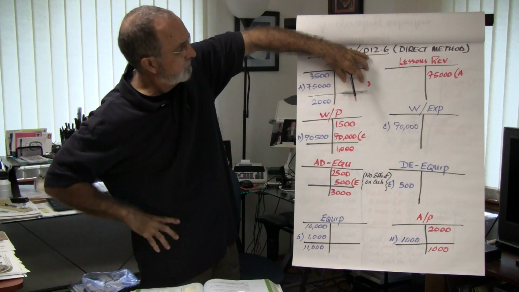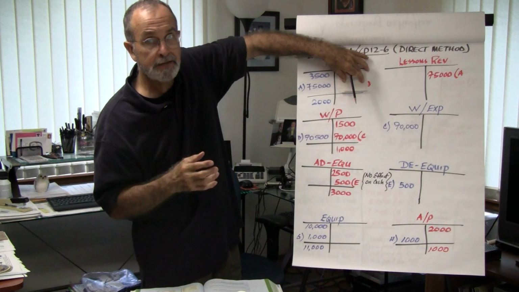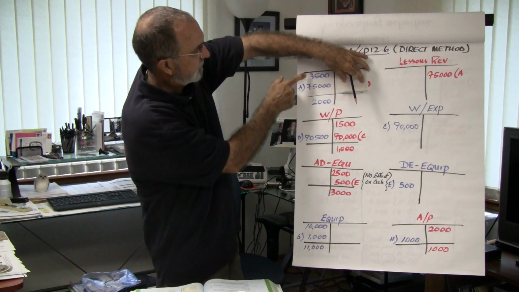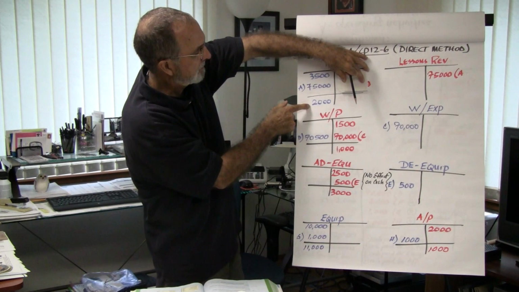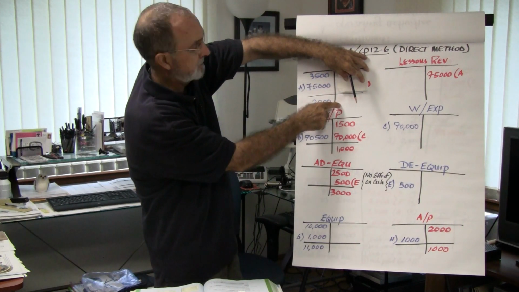This becomes kind of a math mini problem. The left side of the asset account are pluses, the right side of the asset account are minuses.